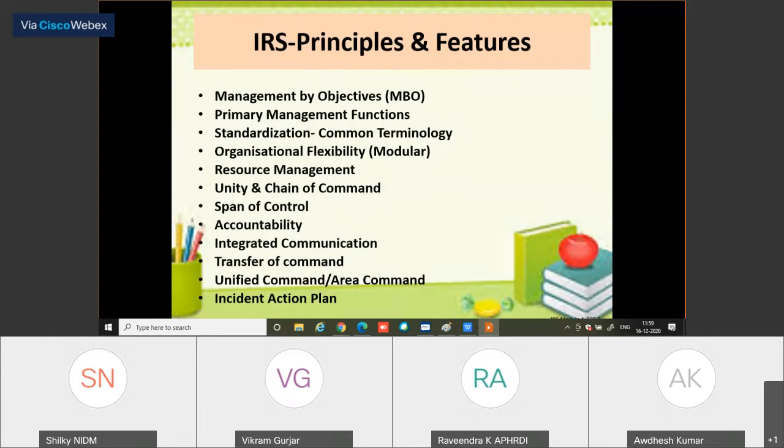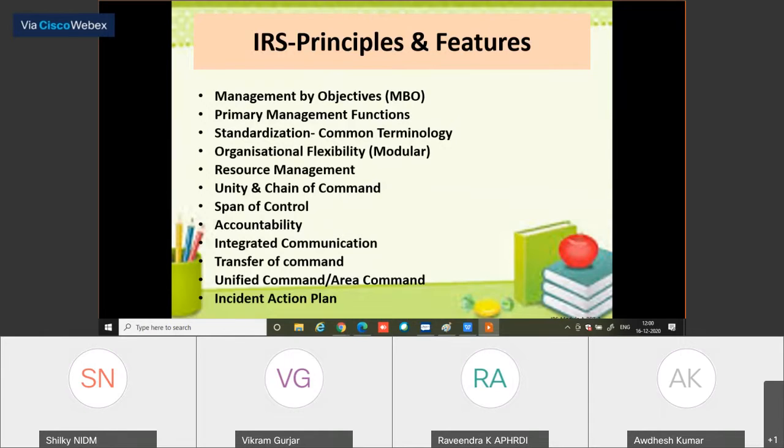And this management by objective under IRS covers 4 essential steps. First, we need to understand the government policy and the various directions. Once we are familiar with the policies and directions, and they have been very well understood by the responders, we can establish our incident objectives. Once the objectives are decided, we can think upon an appropriate strategy, what will be the course of action.